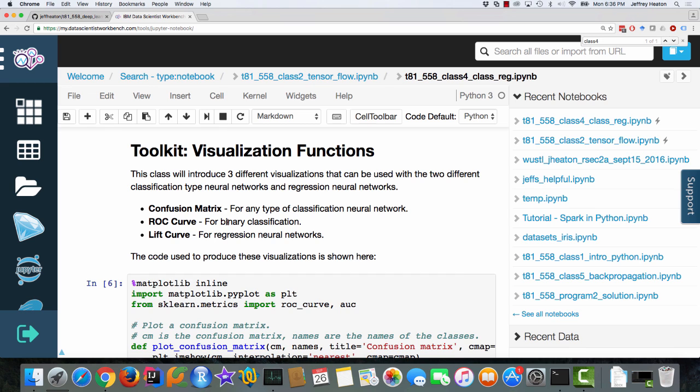And by the way, what does ROC stand for? It's actually not important, but I'll tell you anyway. It's receiver operator characteristic. This is a curve that was originally created back in the 40s by electrical engineers to analyze radio waves.